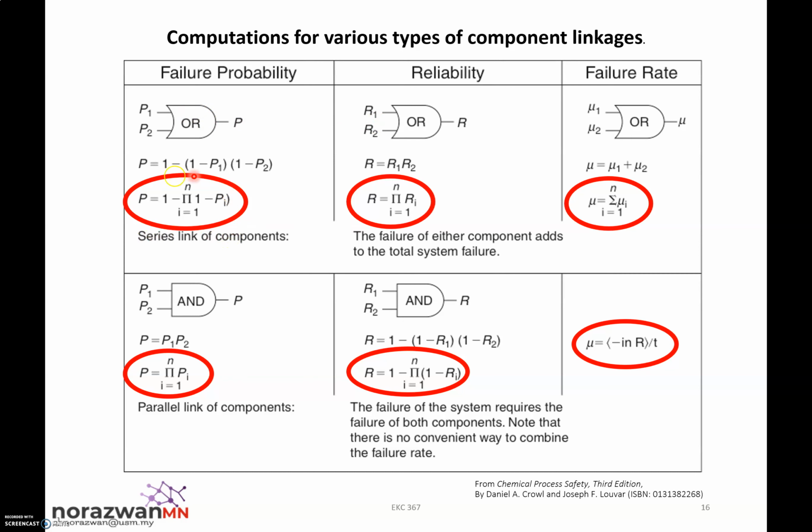So for series linkage, you see the difference between the equations for series and parallel for probability, reliability, and failure rate. This is the summary of what we have learned for today's lesson.